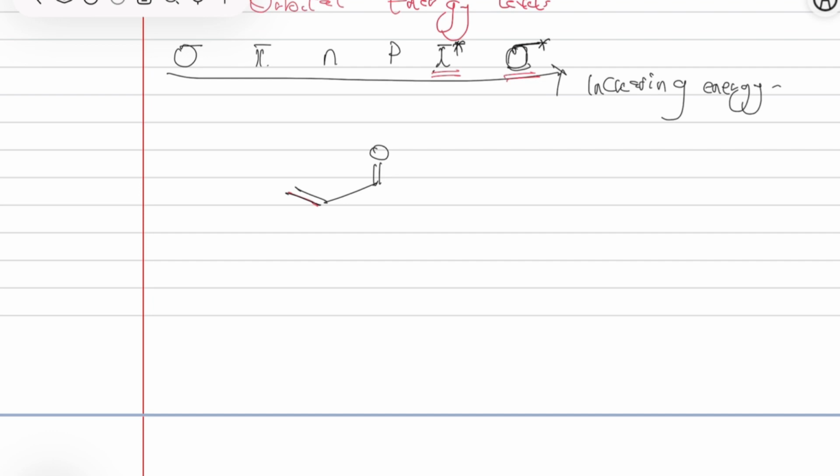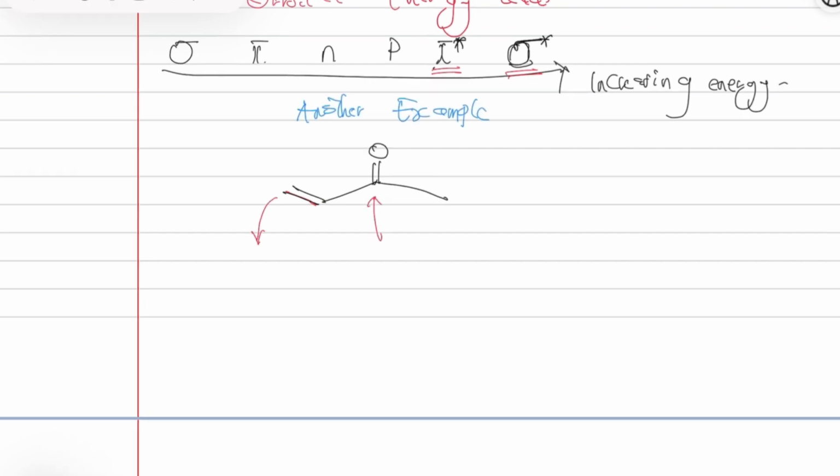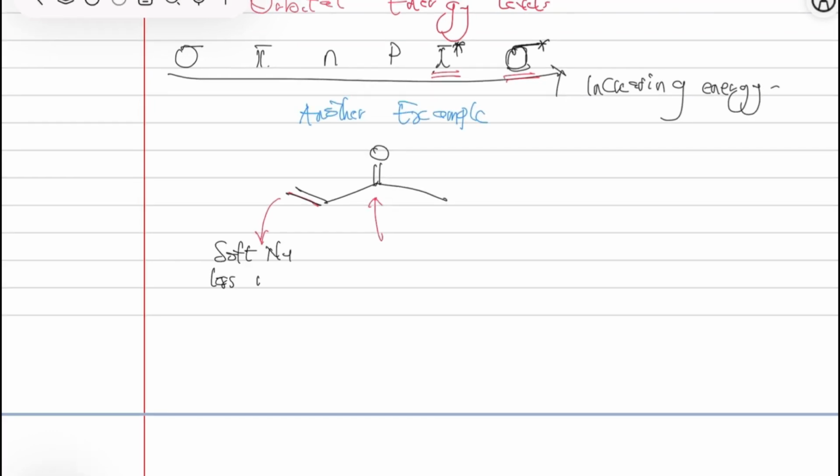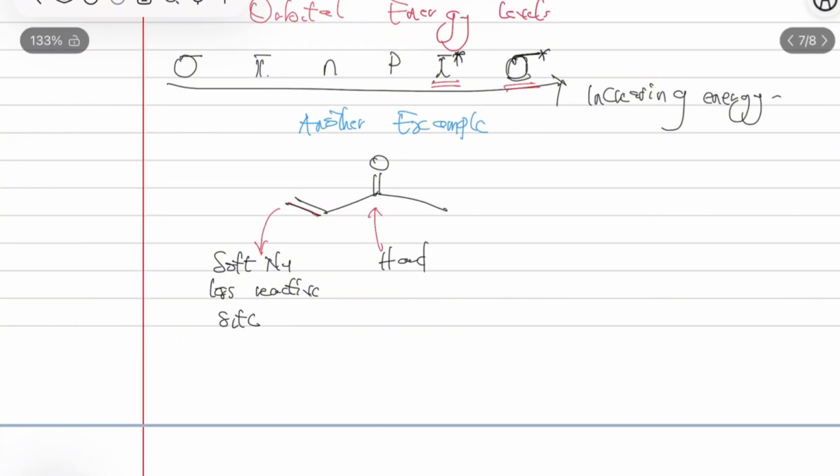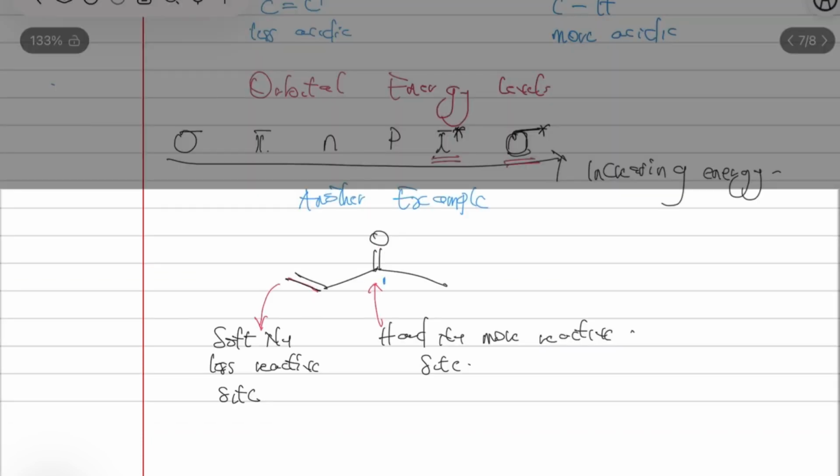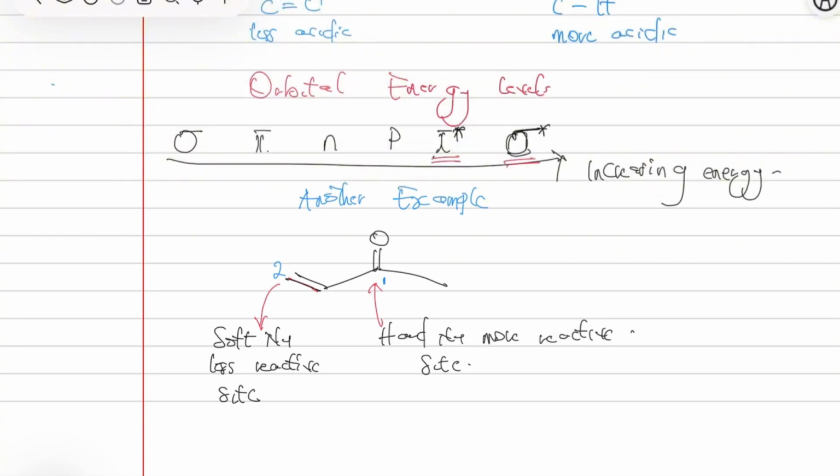Let us consider another example using this alpha beta unsaturated carbonyl. We have two sites the nucleophile can attack, position 1 or position 2. So we have two acidic sites, position 1 and position 2.